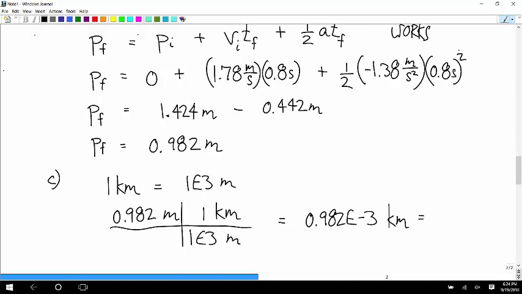And that is 9.82 times 10 to the negative fourth kilometers. Any questions about any of that? Okay.